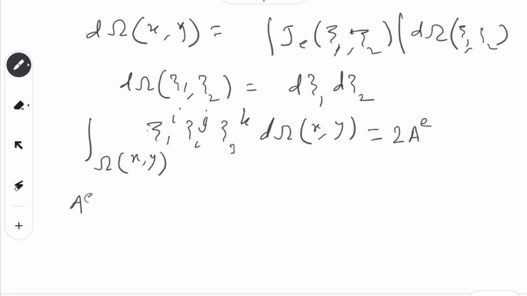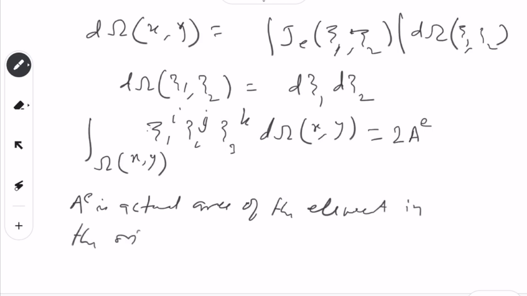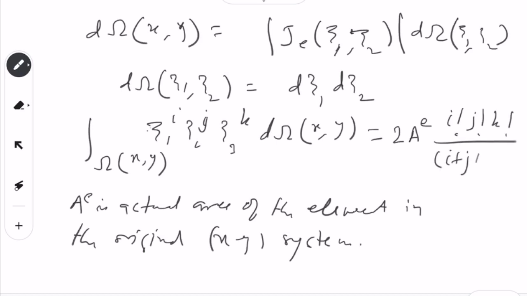So A_e is the actual area of the element in the original xy system, and then you have i! j! k! divided by (i plus j plus k plus 2)!. This is what we mean.